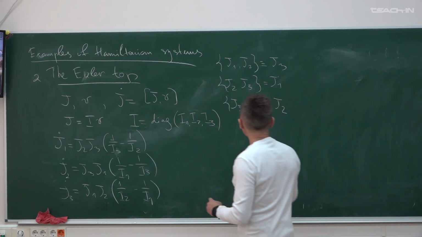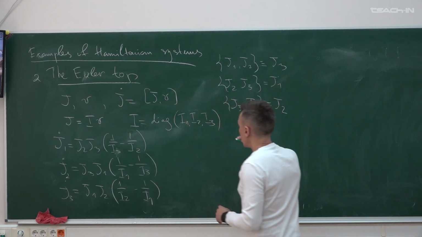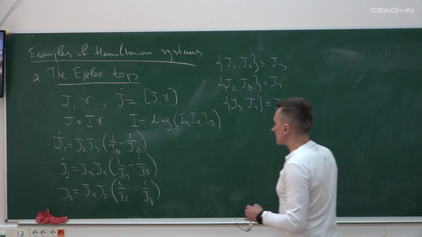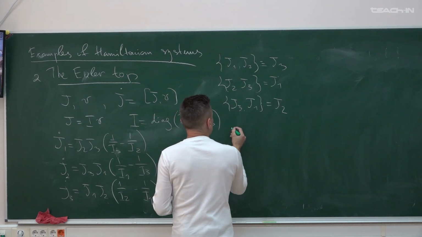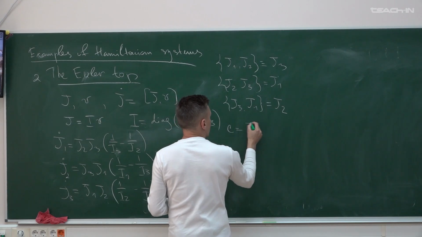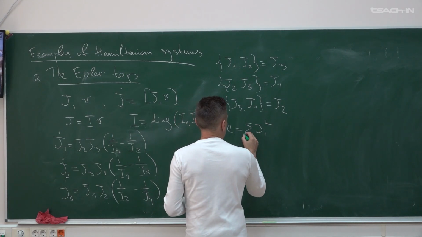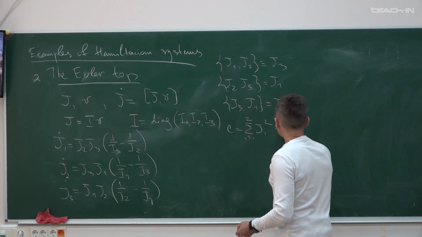So first of all, let us demonstrate that the length of this angular momentum, which is the sum of Ji squared, is a Casimir function.